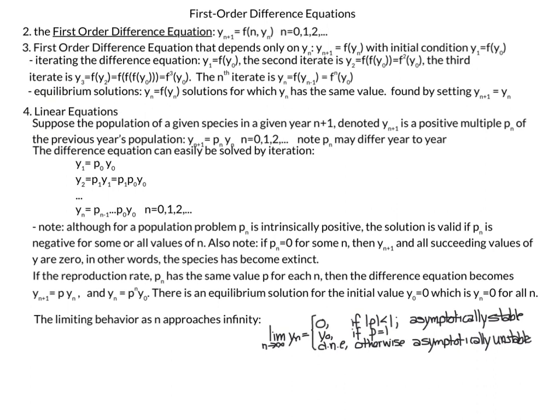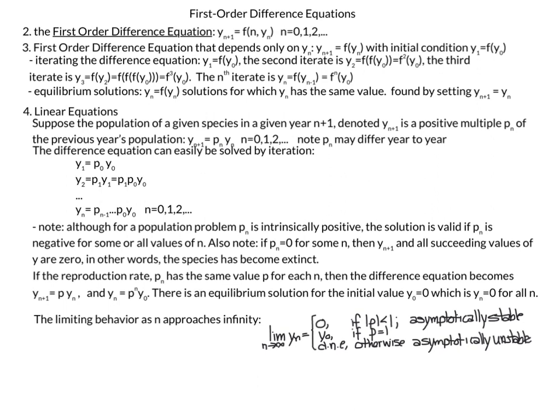We're looking at linear equations. So suppose the population of a given species for a given year, n+1, is a positive multiple rho_n of the previous year's population. So y_{n+1} equals rho_n y_n. And note that rho_n may differ year to year, hence the subscript n.